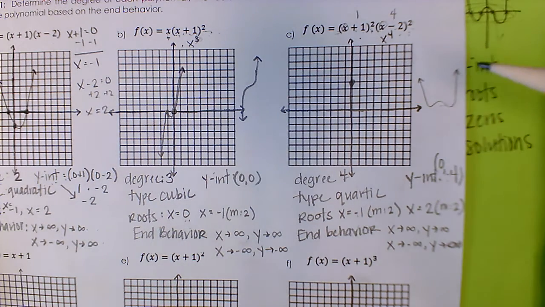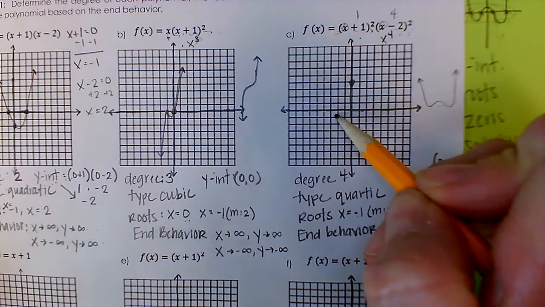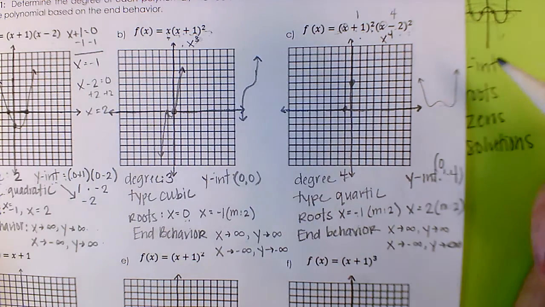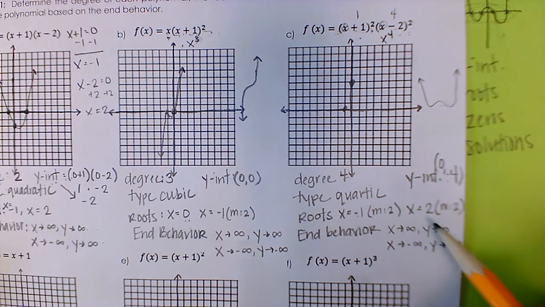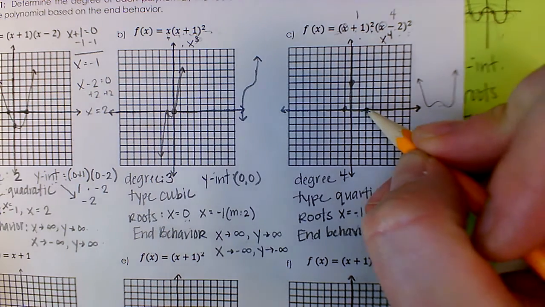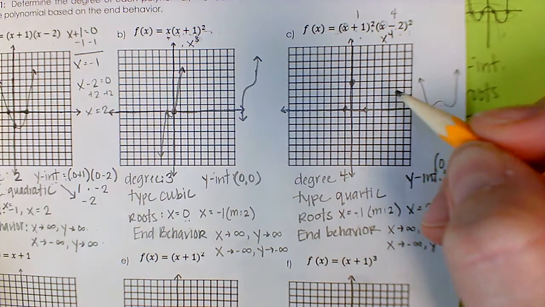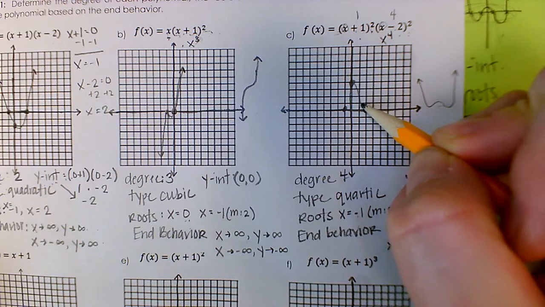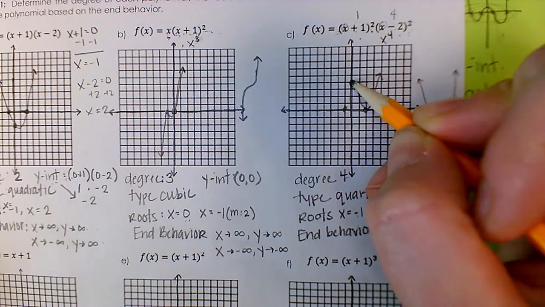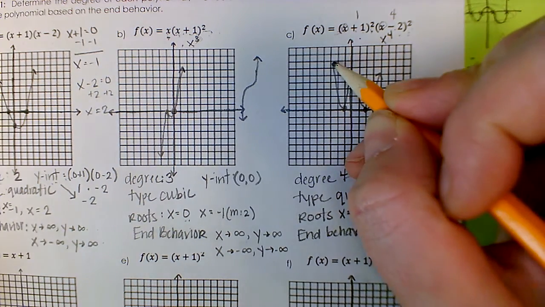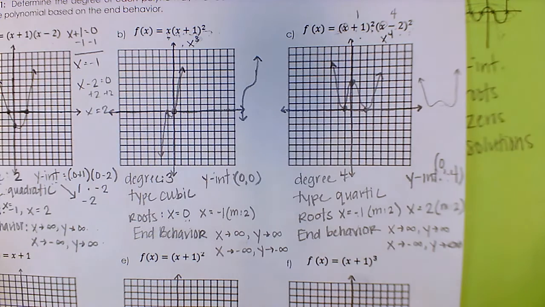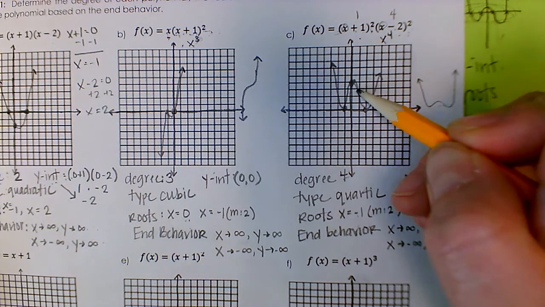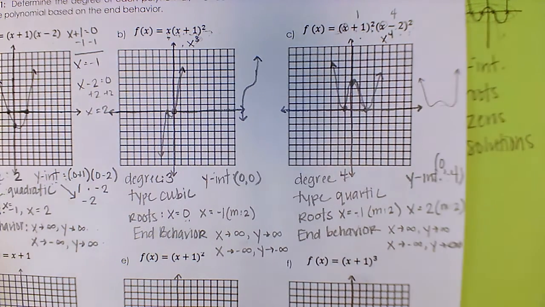There's our y-intercept. We're bouncing off of negative 1, and we're also bouncing off of 2. So we know we're going to bounce off, bounce off. So we should look like that. Okay? So there's our next graph.